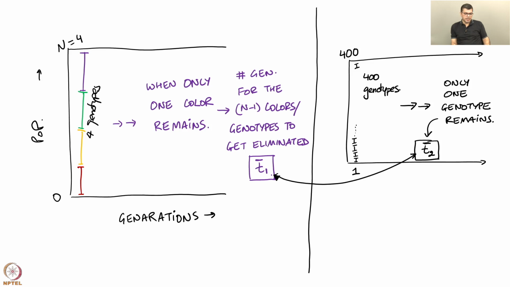So, it should be apparent from this that T2 bar is going to be much bigger as compared to T1 bar. What that means?